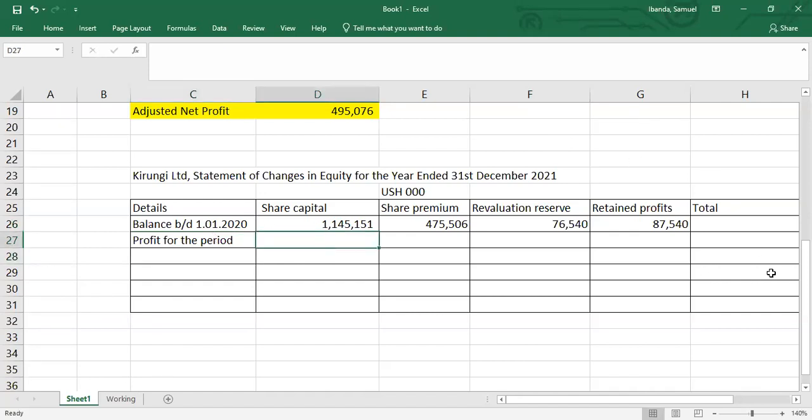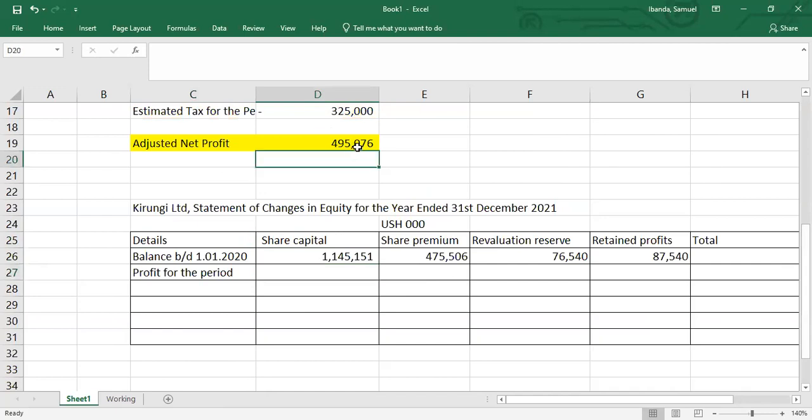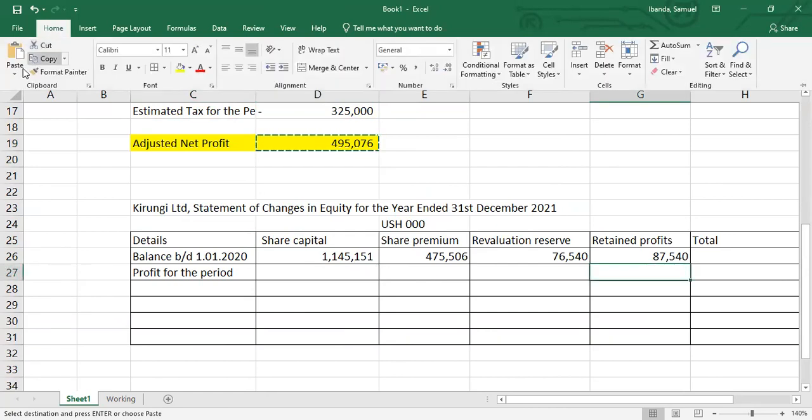We already calculated the adjusted profit. I'll just pick it here and record it. Profit for the period is recorded under retained earnings. Remember, profits increase the retained earnings, so I'll record it under here.